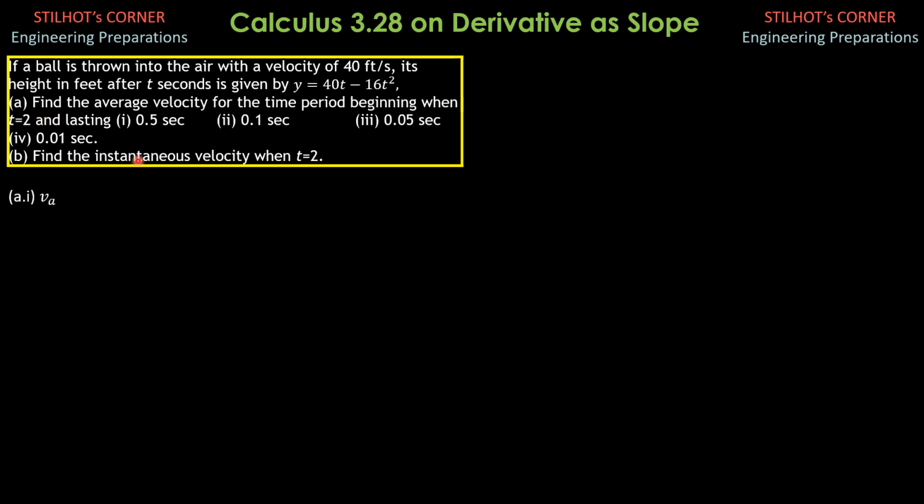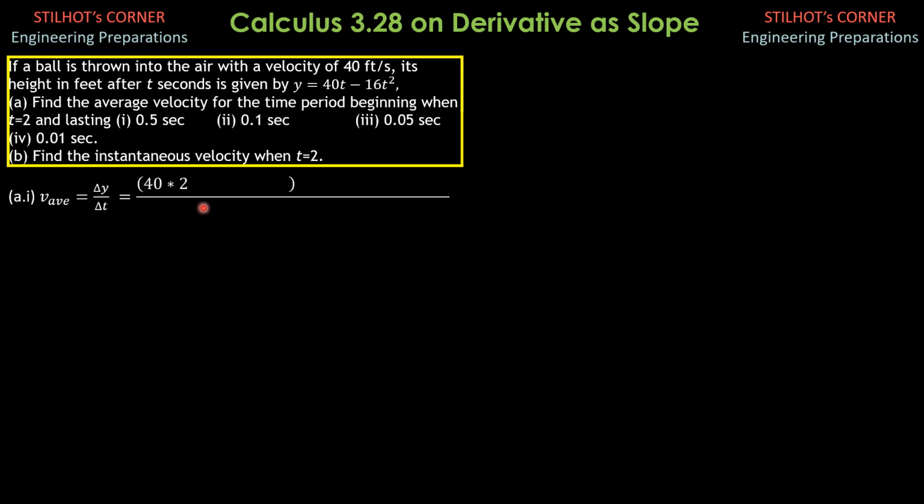So in part 1, the average velocity equals delta y over delta t, and delta y, as I said, is the value of y when t is 2.5 seconds less the value of y when t is 2 seconds, and delta t is simply this value of time, 0.5 seconds, or 2.5 minus 2 seconds. 0.1 second is 2.1 minus 2 seconds, and so on and so forth.